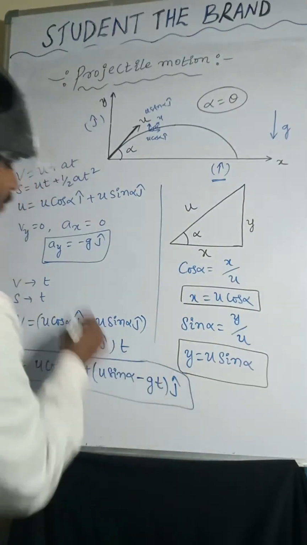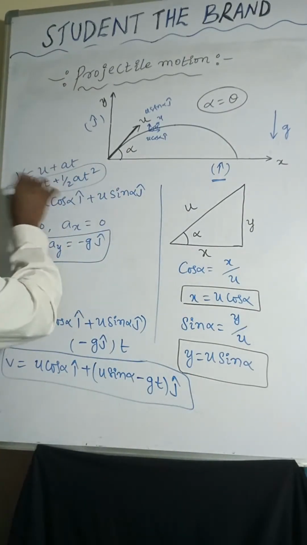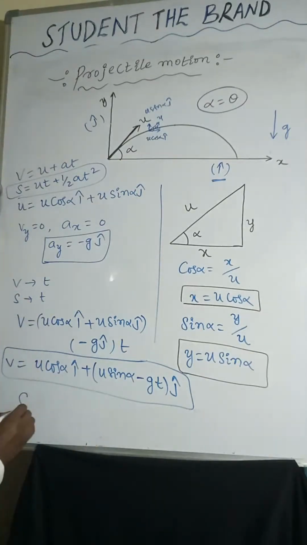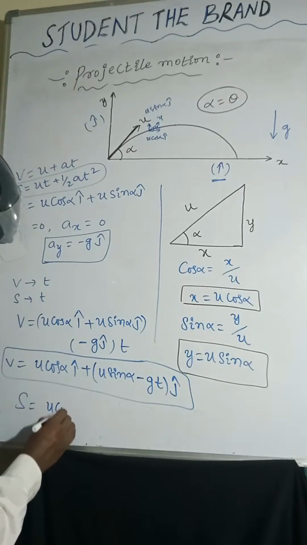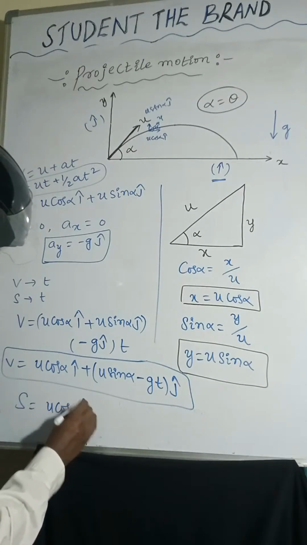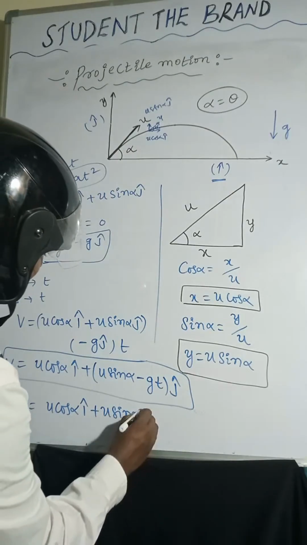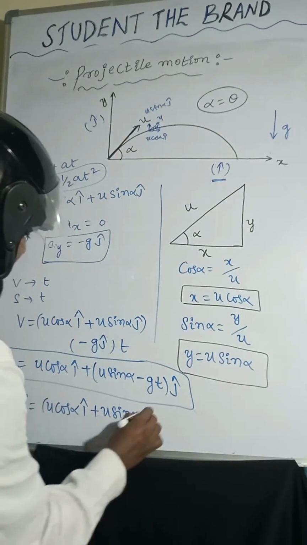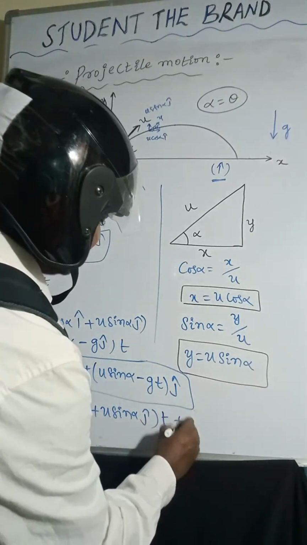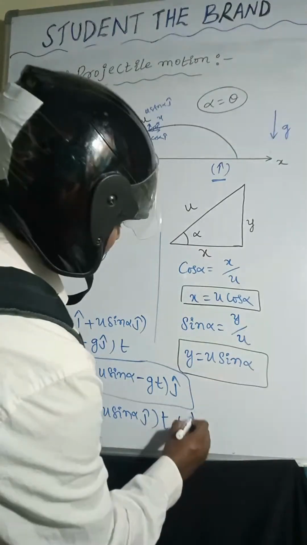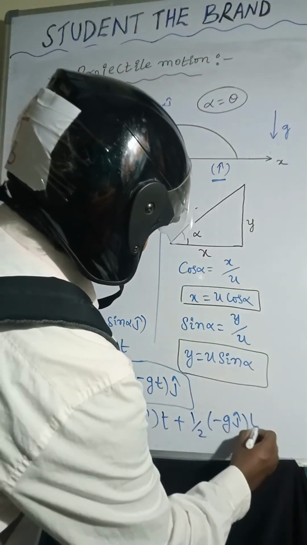So s equal to ut plus half at square. If you are taking that formula, s equal to the initial velocity u cos alpha i cap plus u sin alpha j cap, into t, plus half into minus g j cap t square.